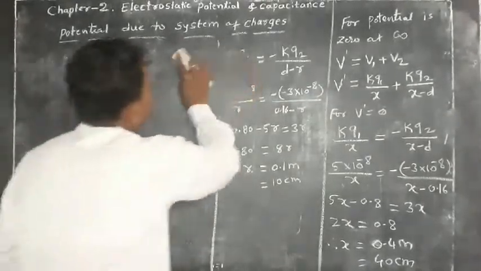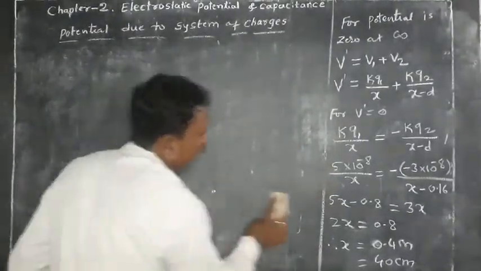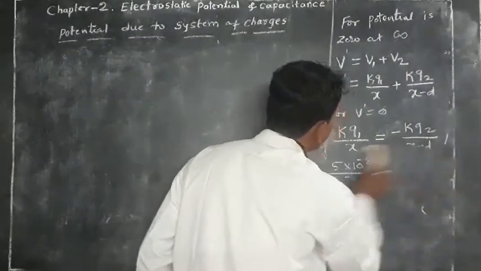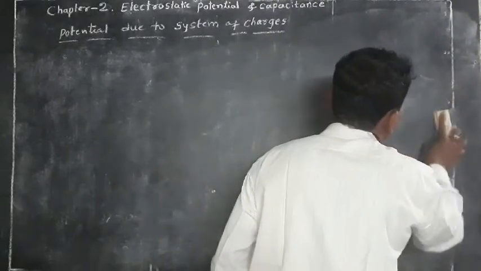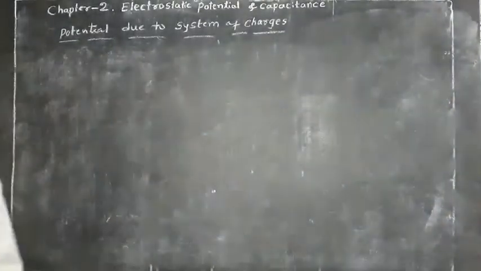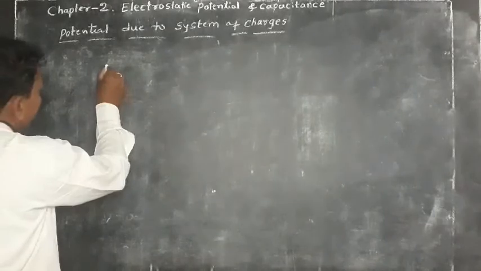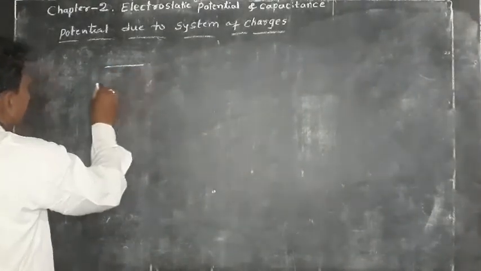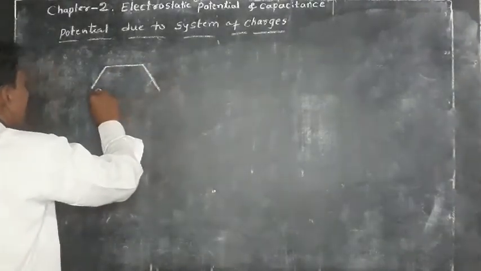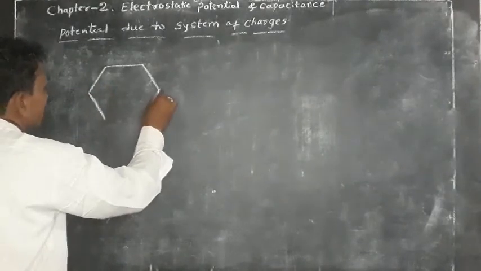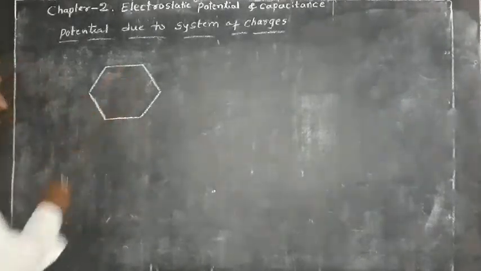Consider a regular hexagon of side 10 centimeter, having charge of 5 microcoulomb at each vertex of the hexagon, having 6 sides, and each side is equal to 10 centimeter.